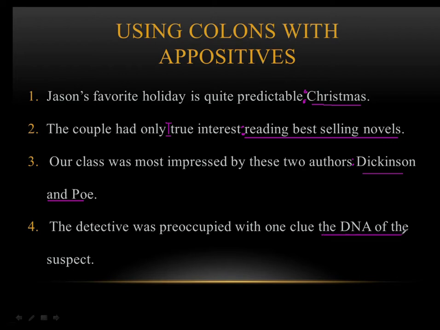Here it is, the DNA of the suspect. That's our appositive. It's at the end of the sentence, and therefore we can put a colon. Now, in your materials, you will find more examples of this. So I need you to practice it enough times so that it becomes second nature for you.